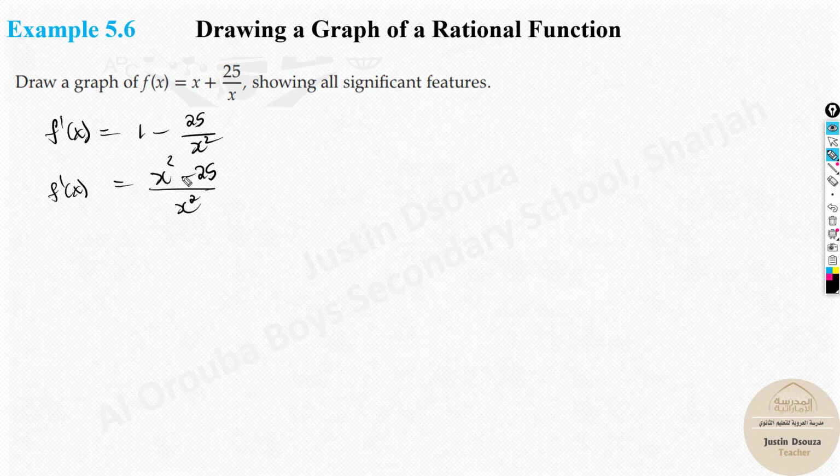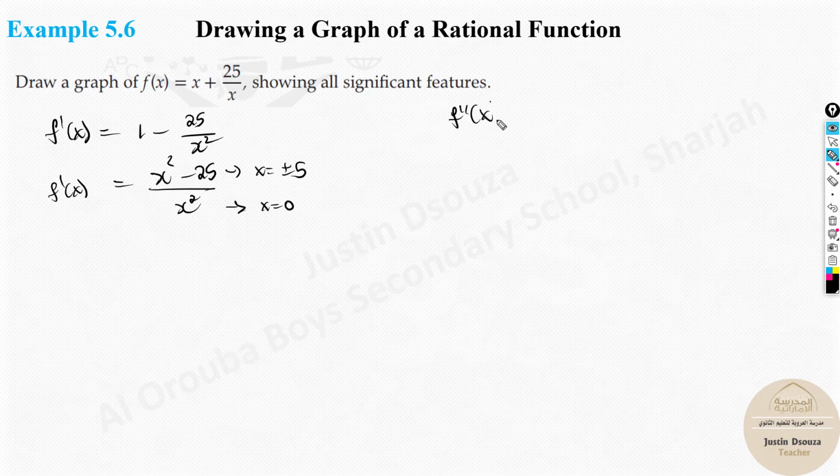That is the undefined value, and find this as well. You can use your calculator mode 5 3, but you can see this, just take 25 to the other side and the square root will be plus or minus 5. So from here you get x is equal to plus or minus 5, and from the denominator x is equal to 0.